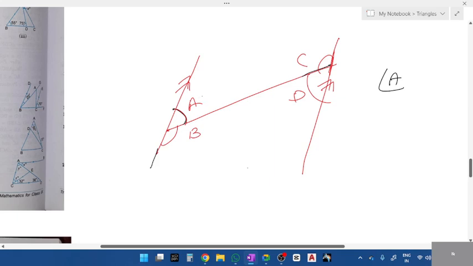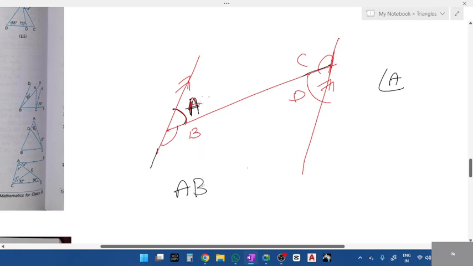So A is given here, alphabet A is given. So after A, which direction do you want to move? Towards C or towards B? Any direction. You can move in any direction. Towards B.